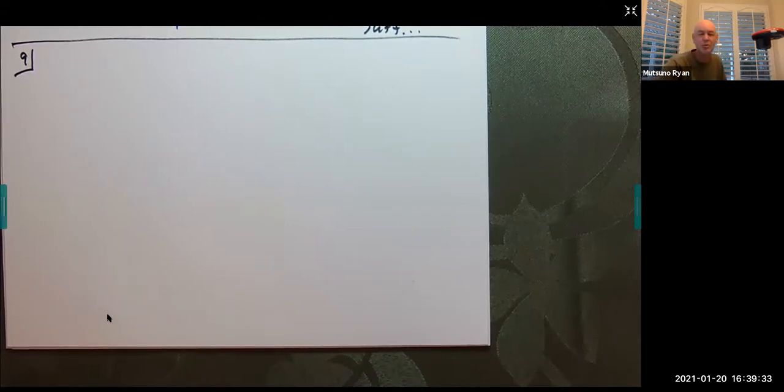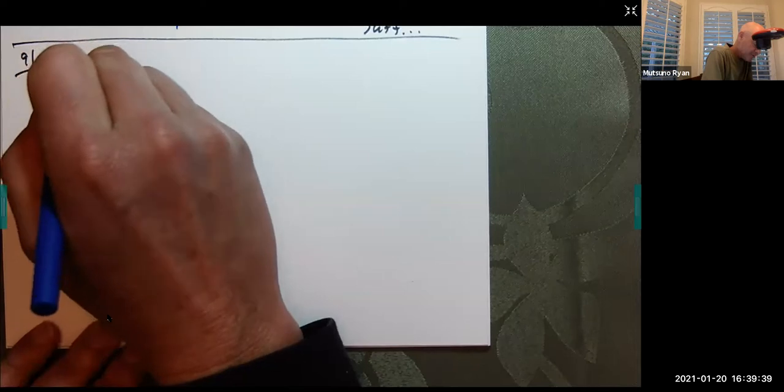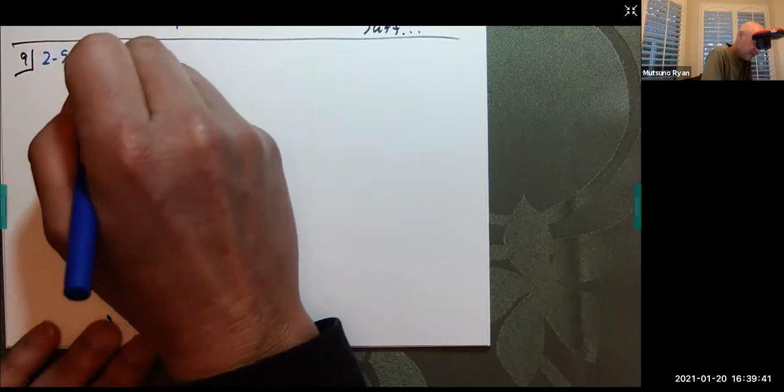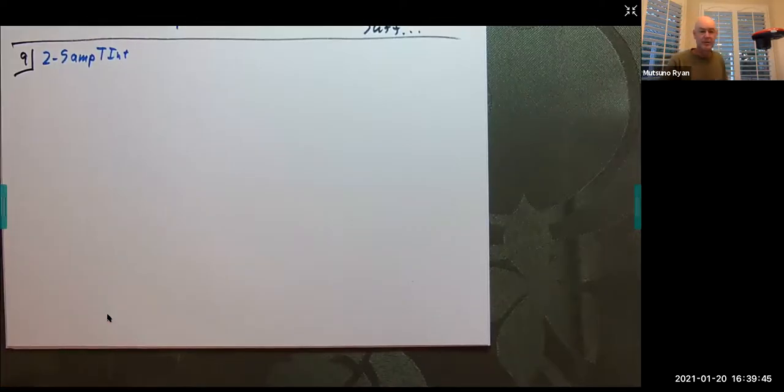This is going to be a two-sample T interval. And we have our information here. Again, we're going to assume that the two samples are independent, and we're not going to assume that the population standard deviations are equal, so the pooling is going to be turned off. And so here we go.